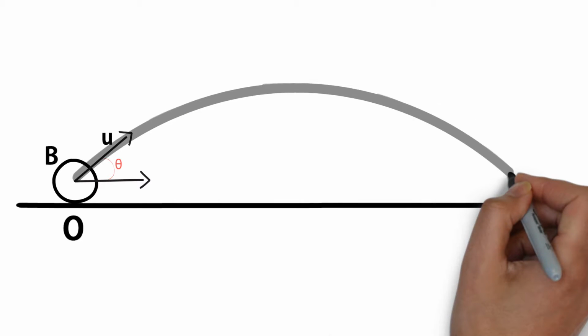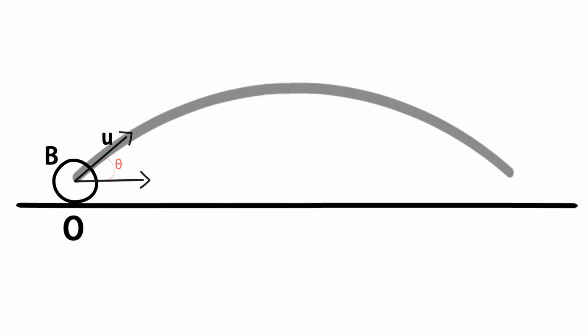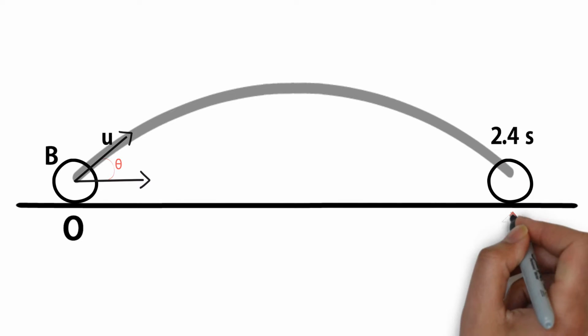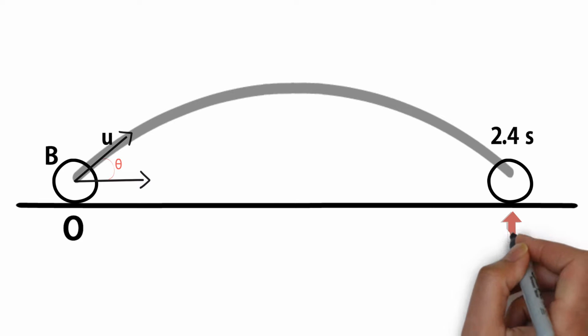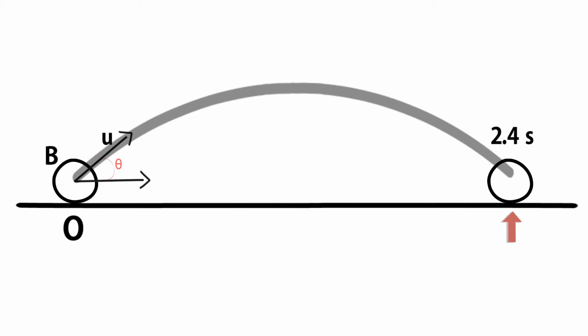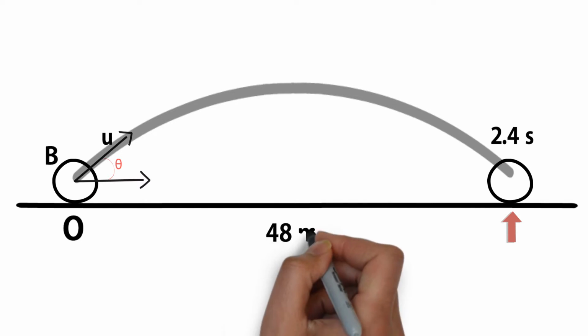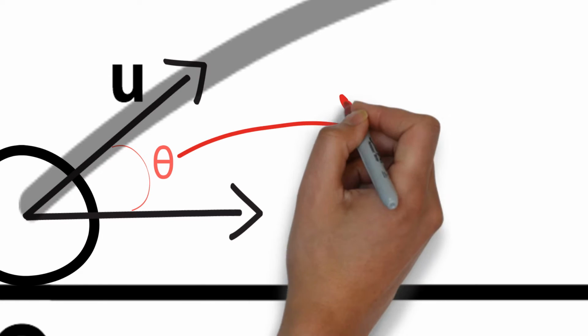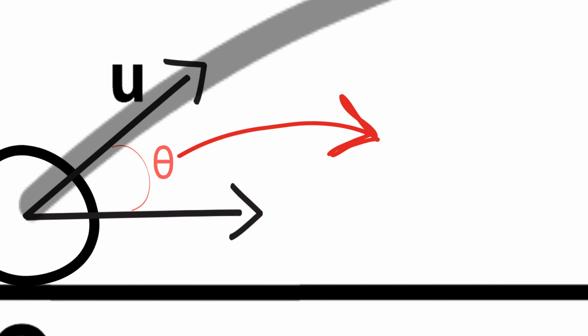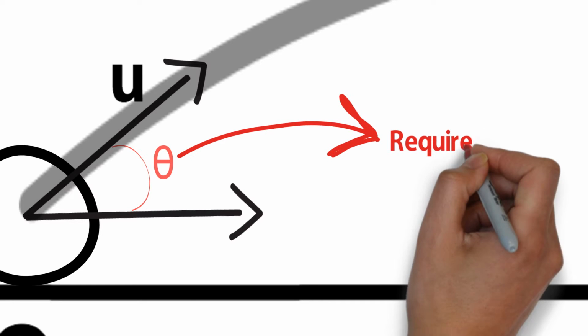This will be the motion of the ball, and after 2.4 seconds the ball will be at this point, which is 48 meters away from O. The question is asking us to find this angle.